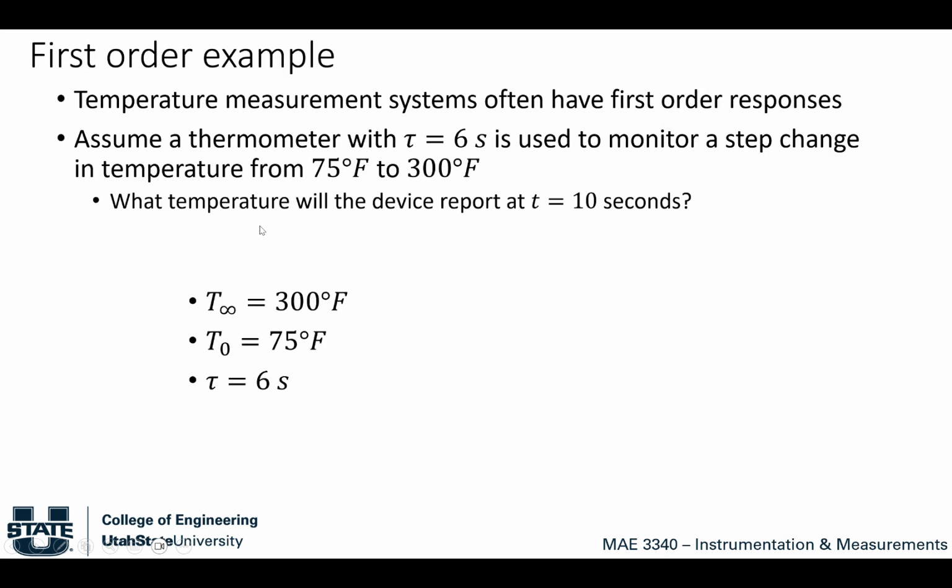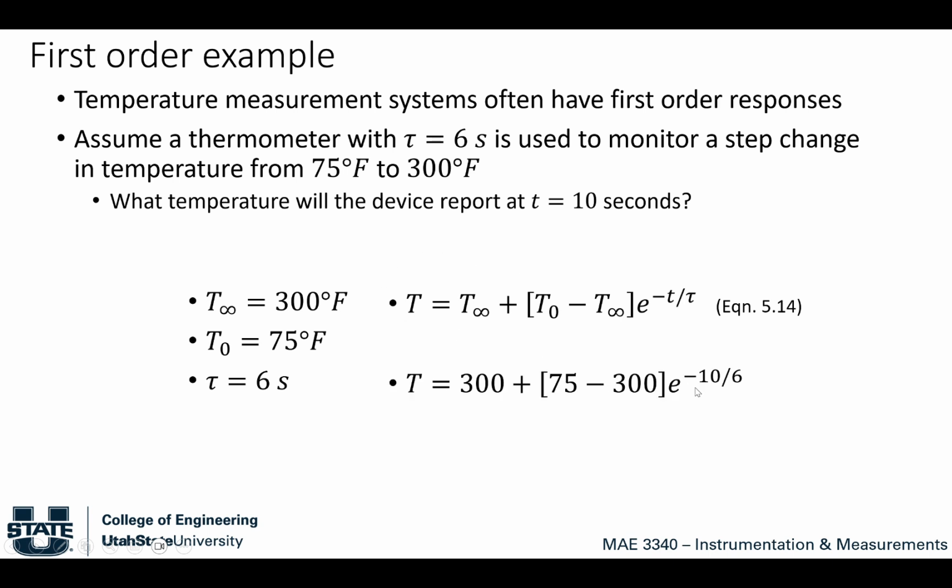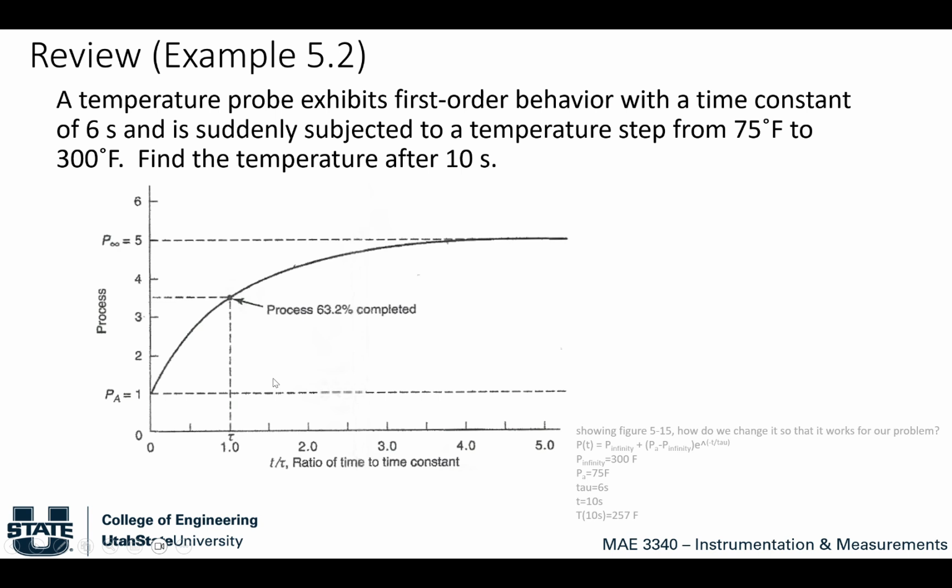So we're saying if we get to steady state, that's 300 degrees. Our initial input's 75, and our tau, or our time constant, is 6 seconds. So then we can just take this equation, plug and chug, and we can end up with the answer, which is after 10 seconds, it's going to be 257 degrees Fahrenheit. So this is, again, a first order system. The example that we're using is a temperature device going from 75 to 300 degrees with a time constant of 6 seconds.